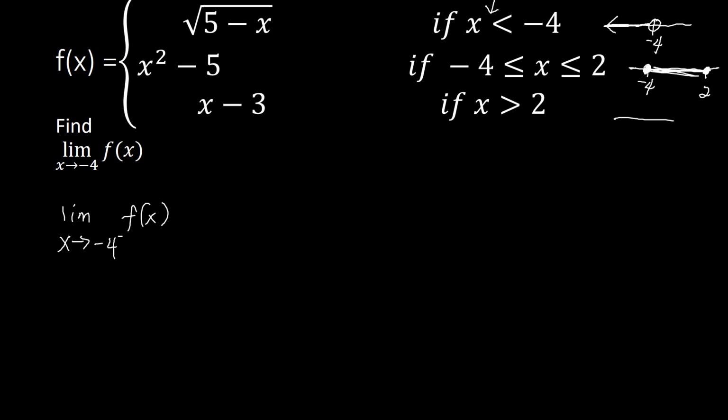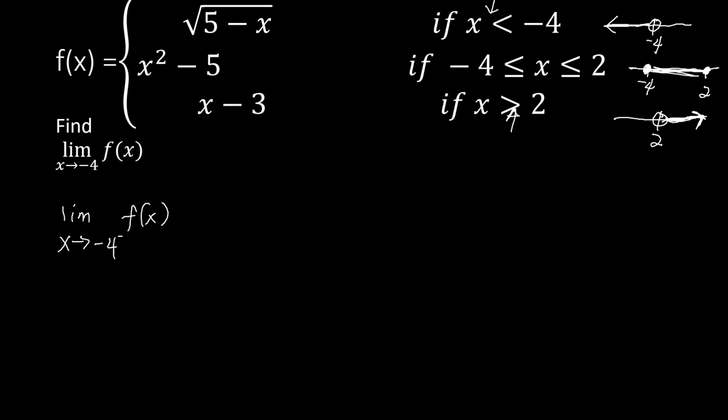On the third one, we've got x greater than 2. That is pointing towards the right side, but we don't include 2 here. But the values are to the right of 2 until infinity.